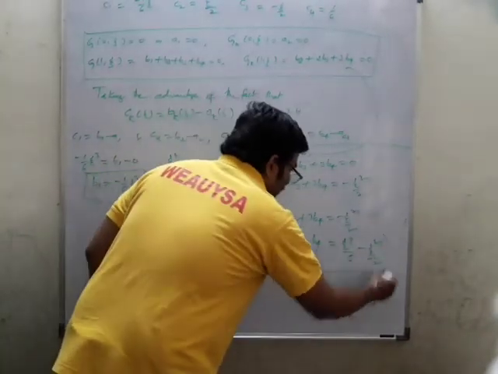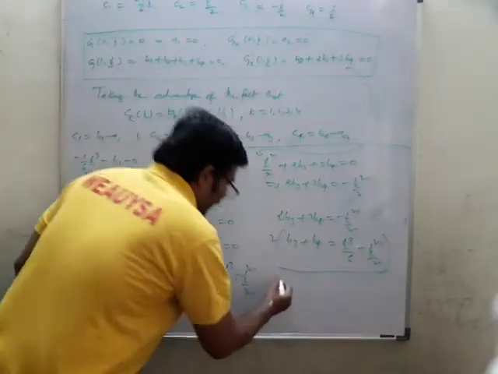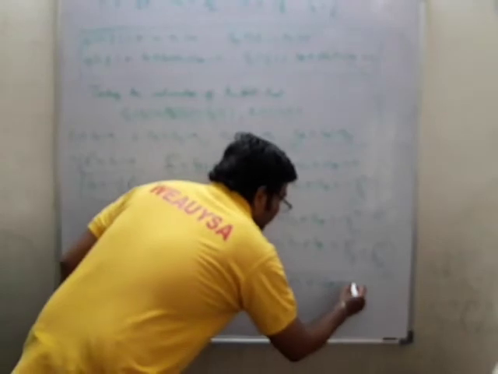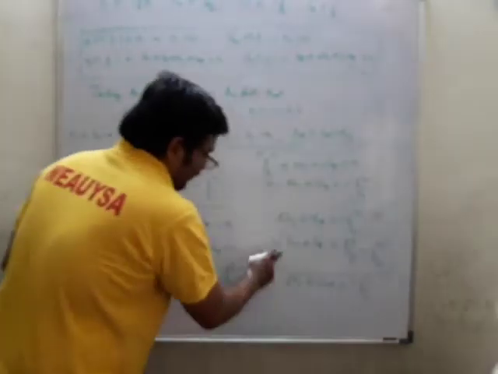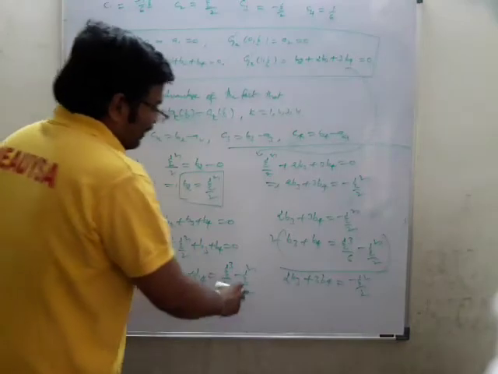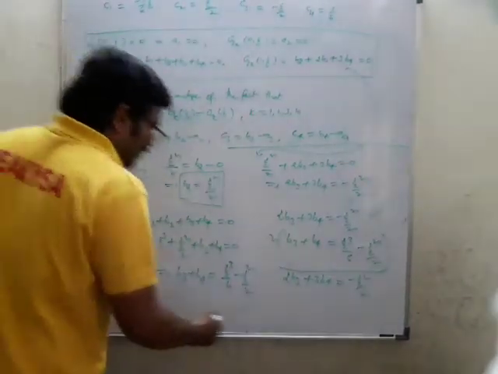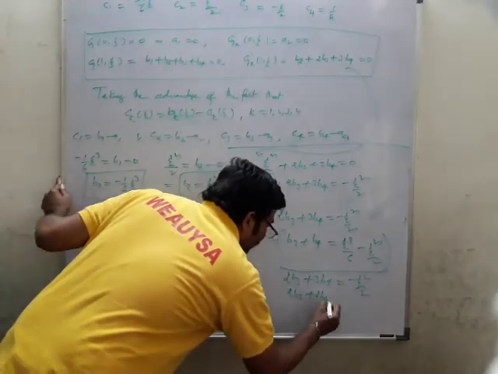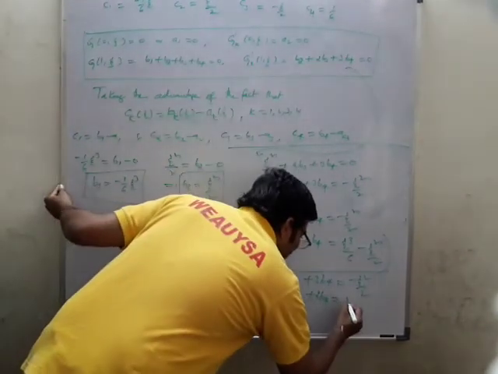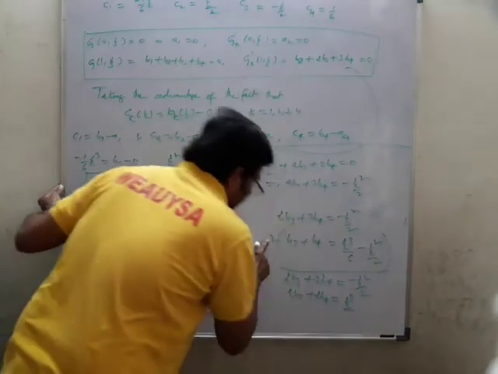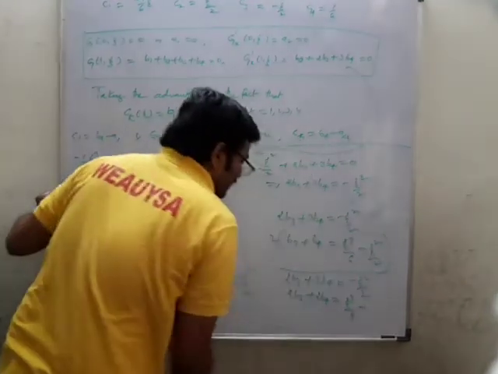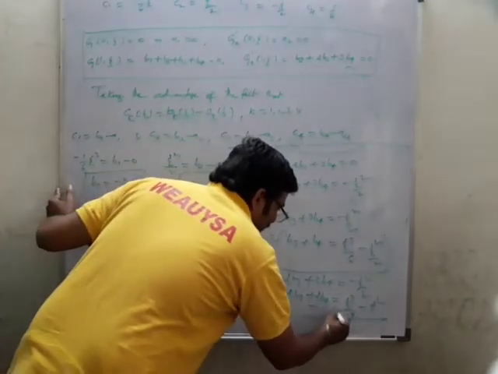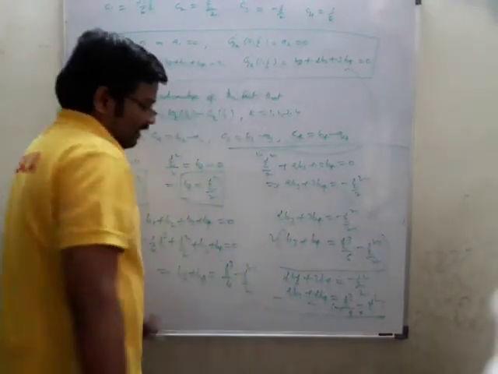If I multiply the second by 2, I get 2B3 plus 2B4 equal to xi cube by 3 minus xi square. Subtracting, the 2B3 terms get cancelled.